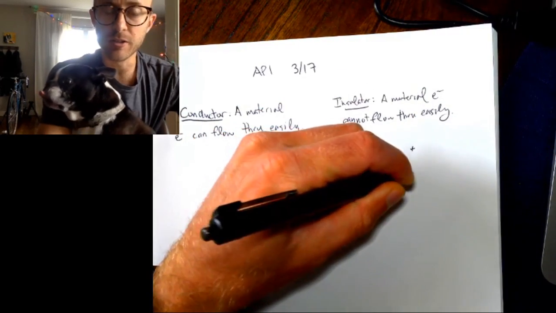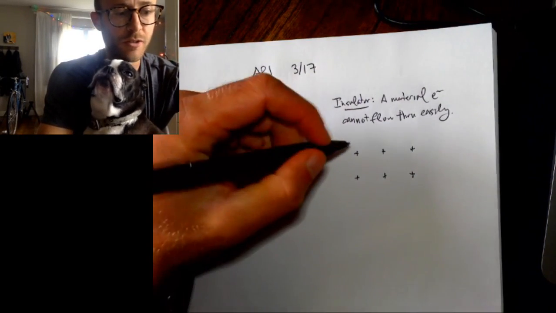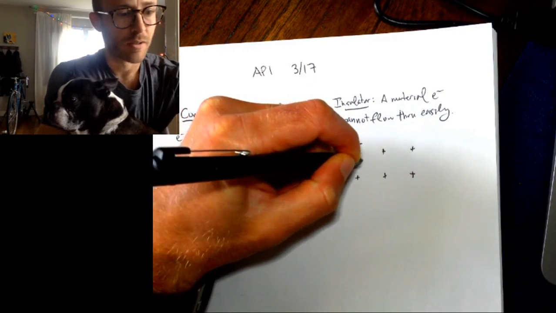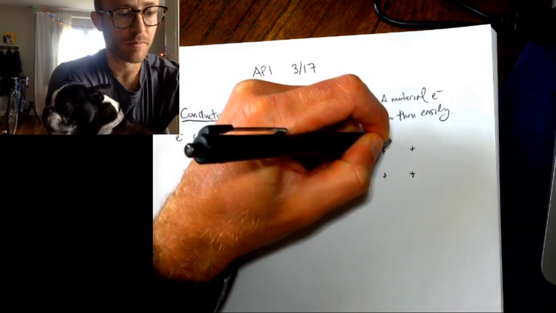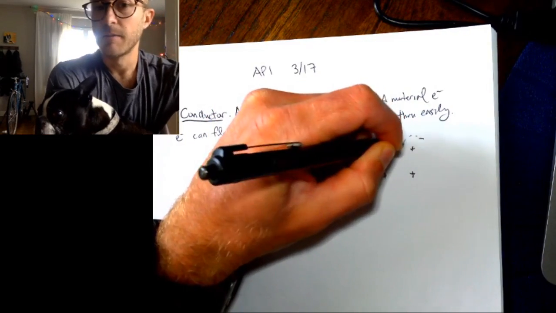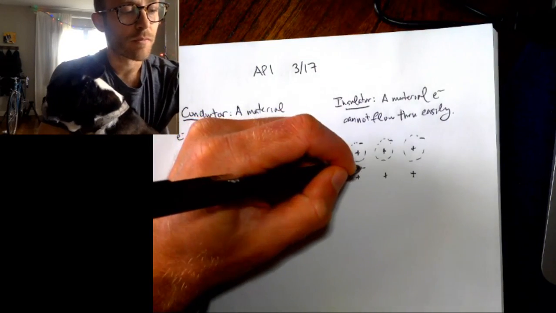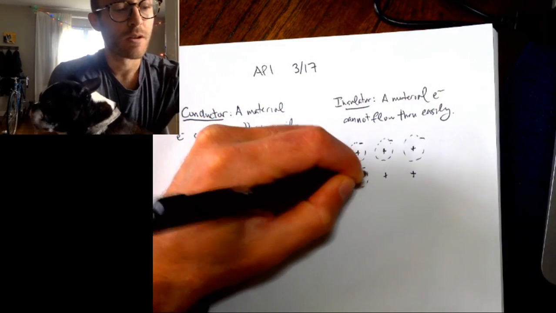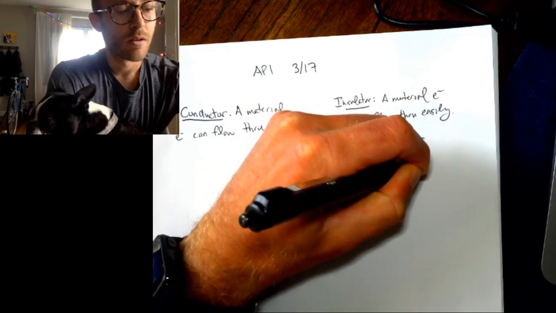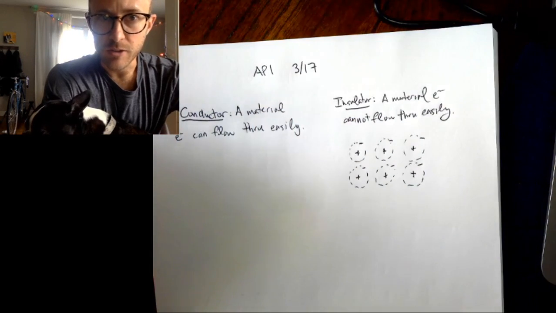For an insulator, the electrons that are orbiting the atomic nuclei are stuck around their individual nuclei. So the electrons are stuck.